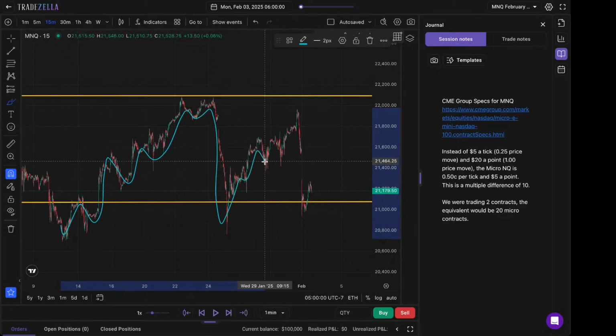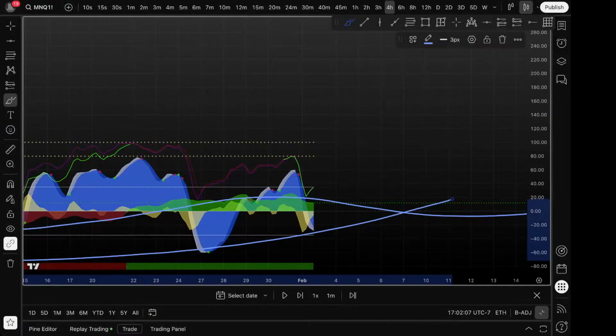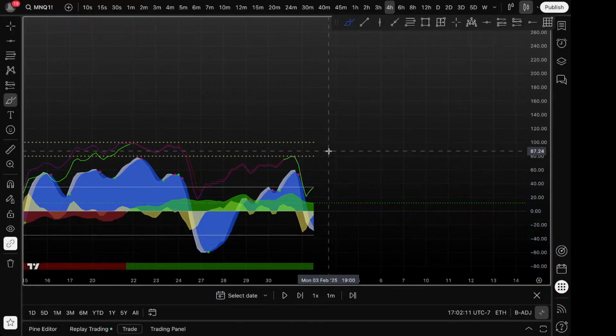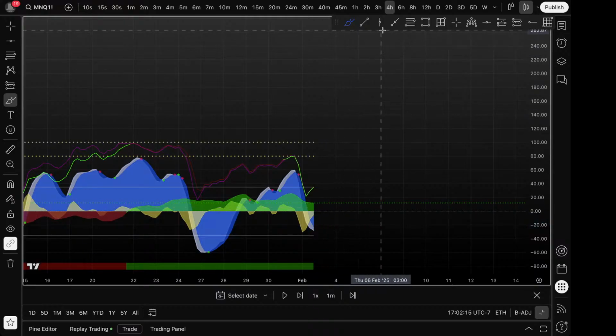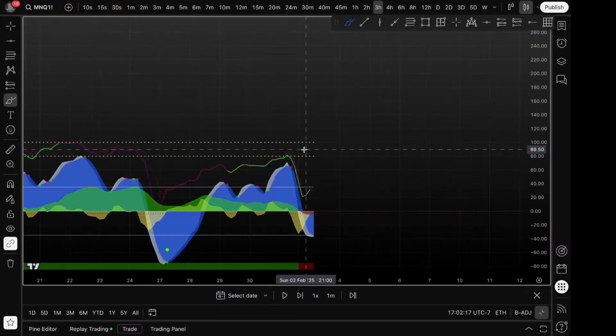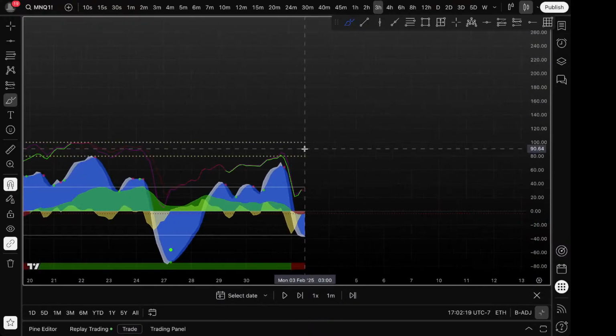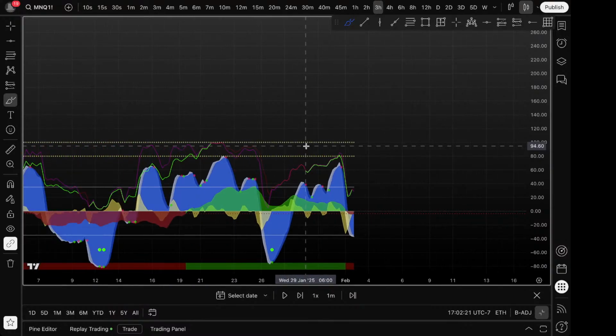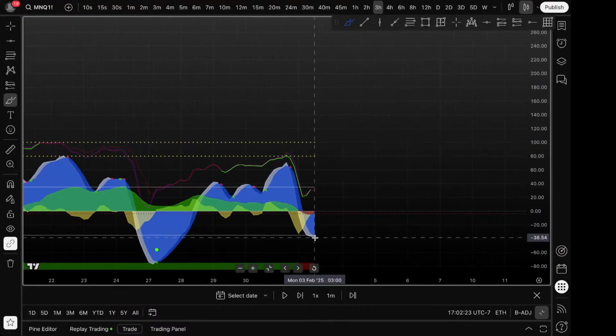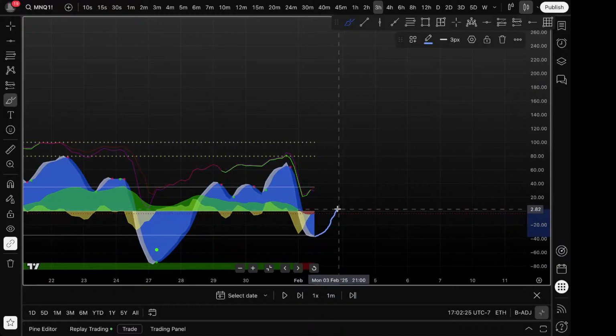It's like no problem at all. That's what we're seeing in MarketCipher as well. Yeah, the 3 hour could chip back up here, send the price up.